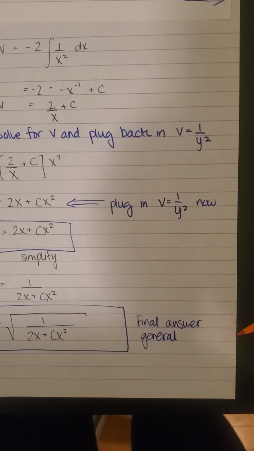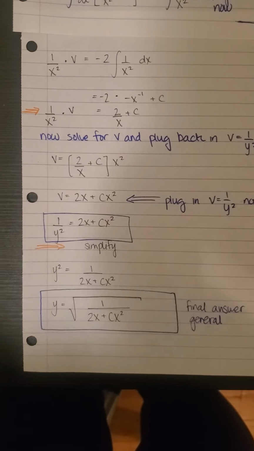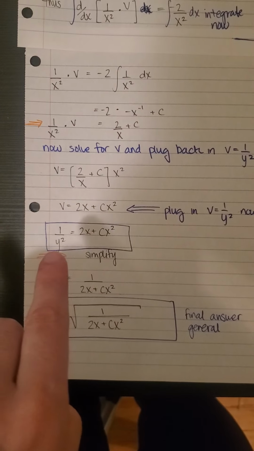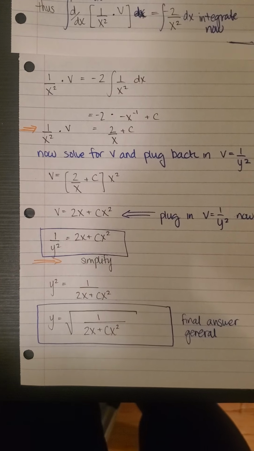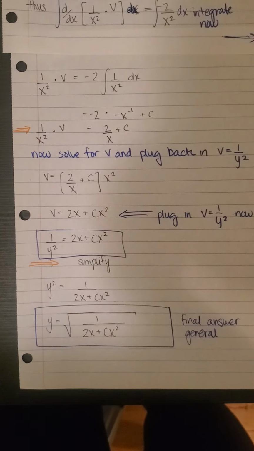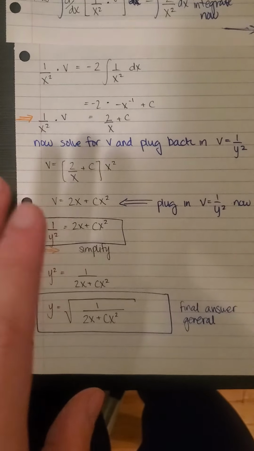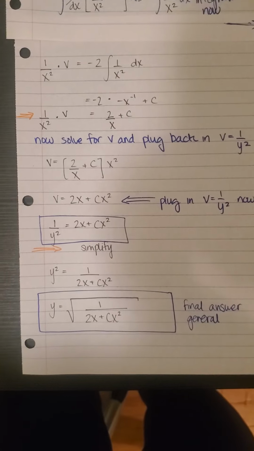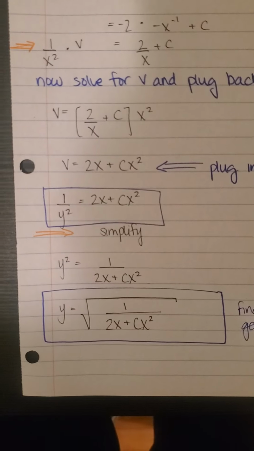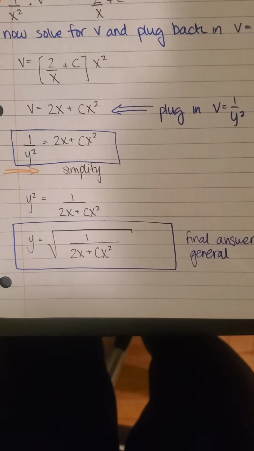We then plug in v equals 1/y² on that side right there, to get that. And then we just simplify it back. So now we have y's equaling x's as opposed to v's equaling x's. So we're basically done here. I just figured I'd simplify more and just get the final answer.